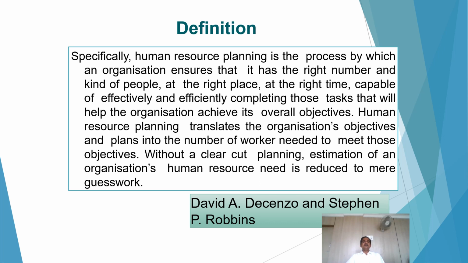Human resource planning translates the organization's objectives and plans into the number of workers needed to meet those objectives. Without clear-cut planning, estimation of an organization's human resource need is reduced to mere guesswork.